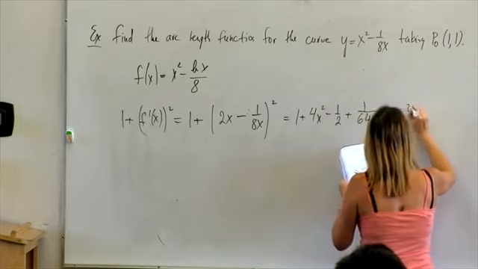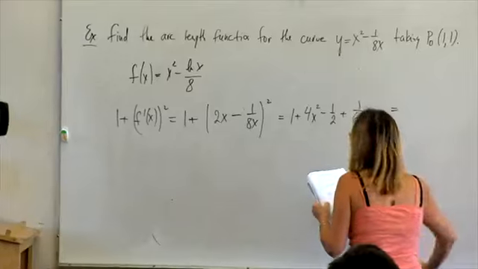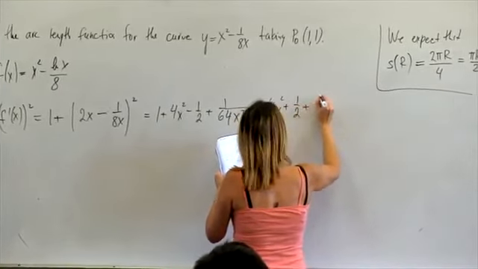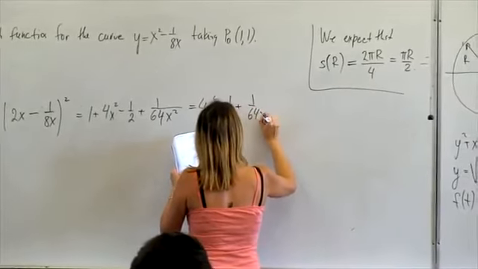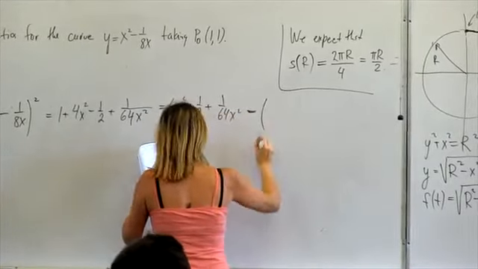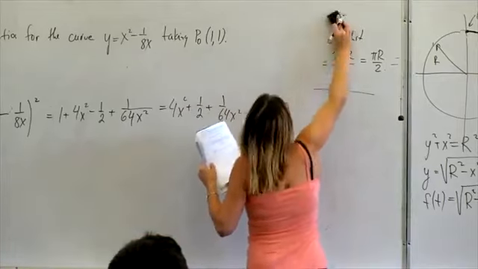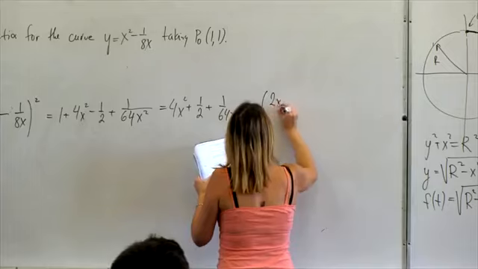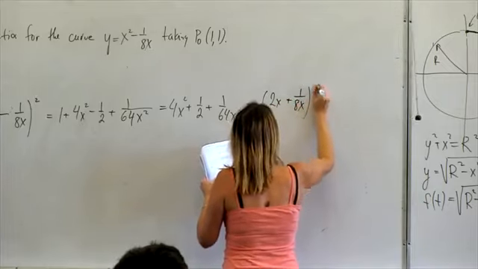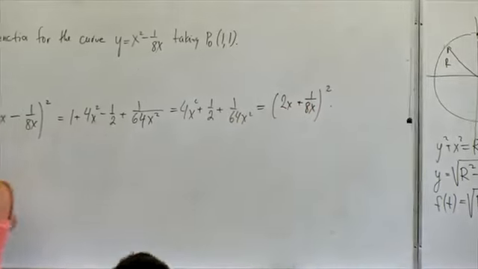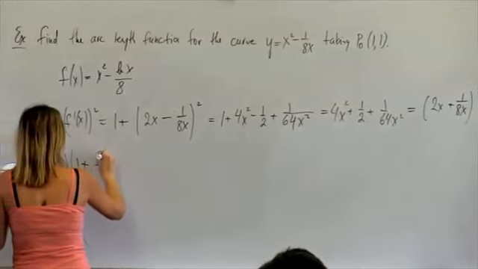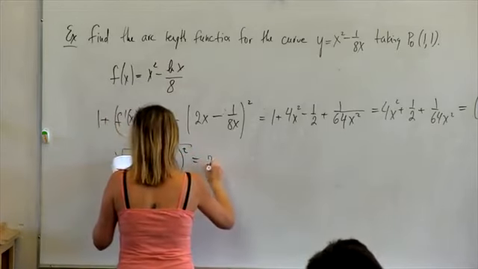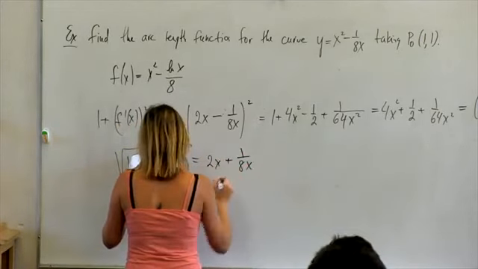And again, just like before, we can recognize this as a full square. So actually it works out to be (2x plus 1 over 8x) squared. So the square root is simply 2x plus 1 over 8x.